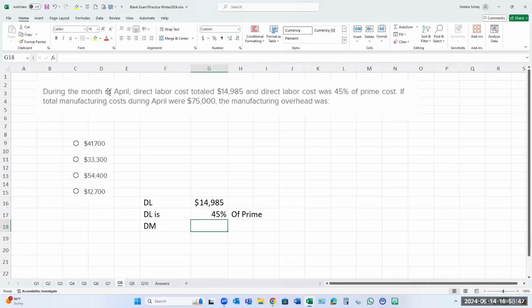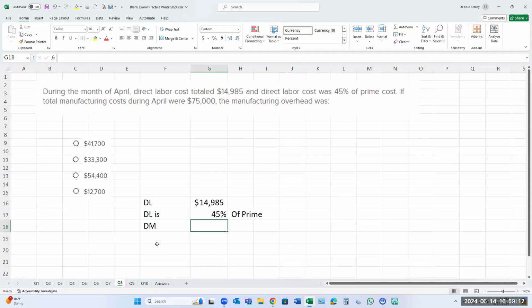Because I know my total manufacturing costs during April are 75,000. So manufacturing costs are direct labor, direct materials, and manufacturing overhead. So I know direct labor is 45% of direct labor plus direct materials, and direct labor, direct materials plus manufacturing overhead equals 75,000.